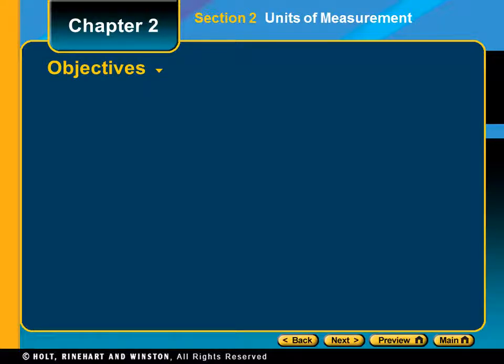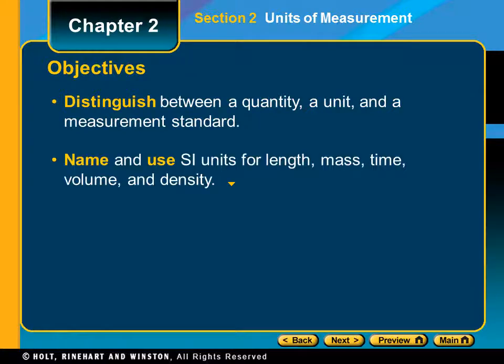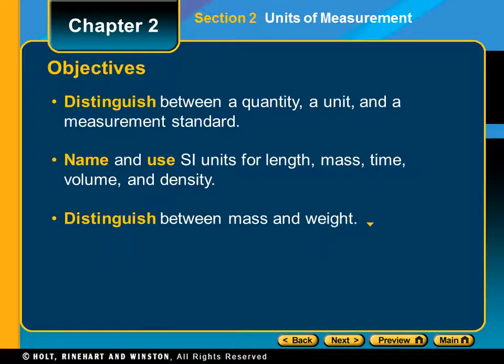All right, now we're going to look at the units of measurement. Here, what I want you to be able to do is distinguish between a quantity, a unit, and a measurement standard. We're going to name and use the international standard units for length, mass, time, volume, and density.